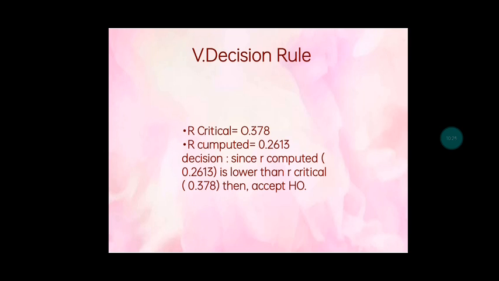And the next, number 5 is decision rule. So, yung R critical ko is 0.378 and R computed is 0.2613. Decision: since R computed of 0.2613 is lower than R critical 0.378, then accept H0.